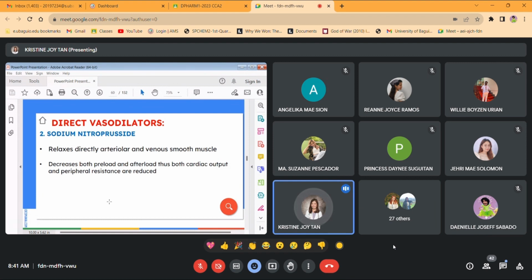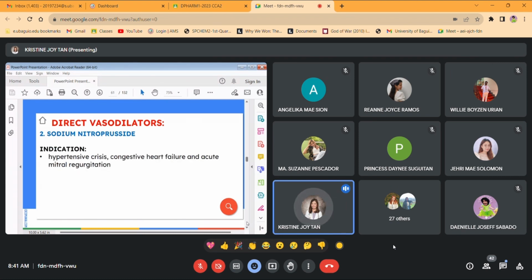So another direct vasodilator is your sodium nitroprusside. So for sodium nitroprusside, it relaxes directly arteriolar and venous smooth muscle. So it will decrease both the preload and afterload. So the preload decreases, the pressure of the blood in the heart before and after the pumping of the heart, causing now a decrease in the peripheral resistance.